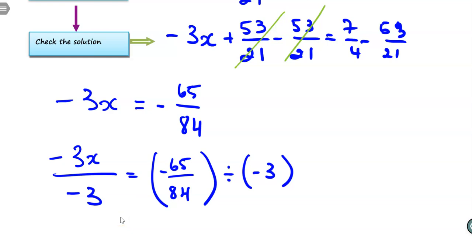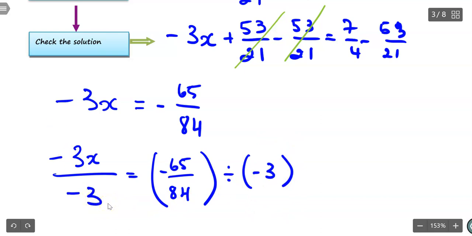After doing this many times, many of us start thinking, okay, I bring it over to the other side. But if you bring it over to the other side, that means you are doing a shortcut of what you are doing here. You divide both sides by -3 because you want to isolate x.